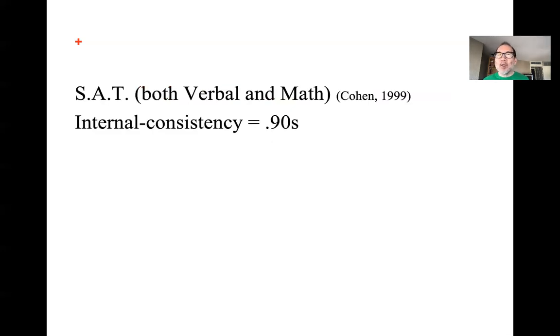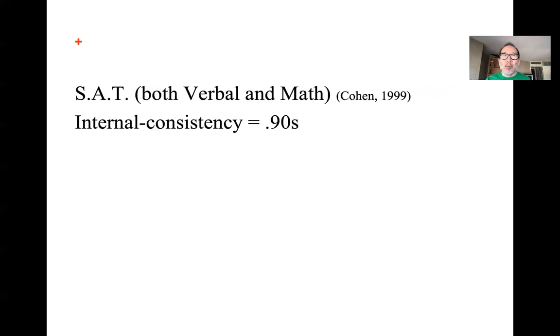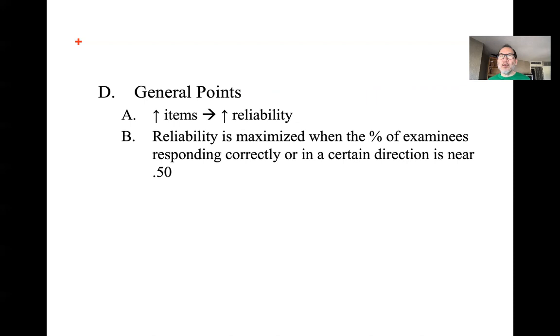Okay, so what are some examples of tests with good internal consistency? The SAT, yeah. Both the verbal and the math tend to demonstrate very high internal consistency. And just some general points with internal consistency: the more items you have, the greater you increase reliability.